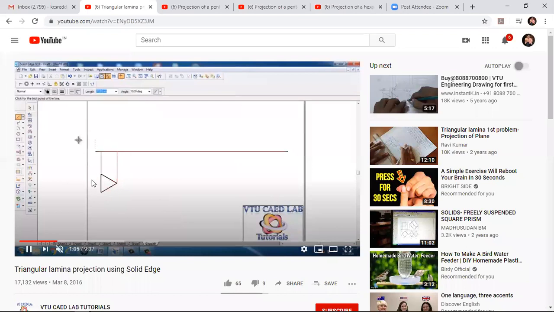Then I need to draw the front view. How to draw the front view? By projecting vertical lines upward and then using the line command to join them. But here the thickness of the line you need to change to 0.5 mm, because both should be 0.5 mm.